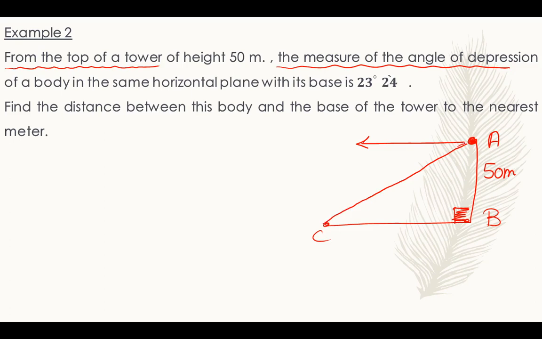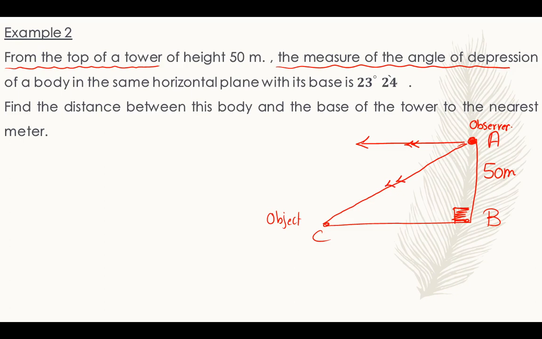The observer is here on the top of the tower, and this is the object. The angle of depression is the angle between the horizontal ray and the ray that goes to the object. So this is the angle of depression.